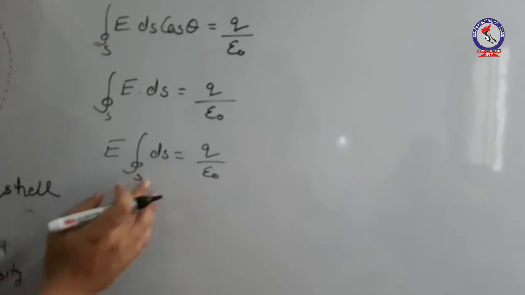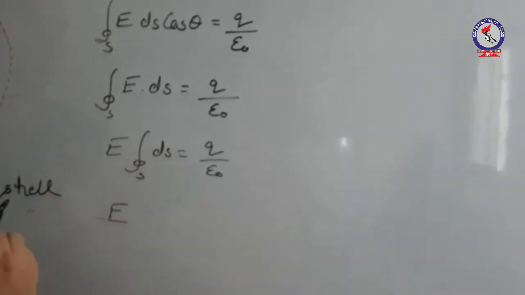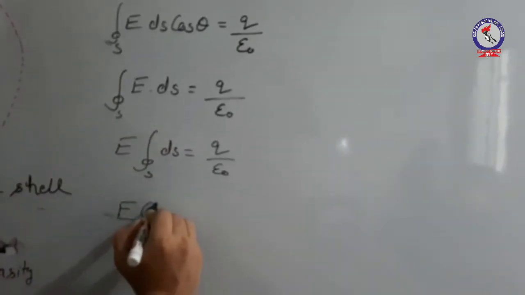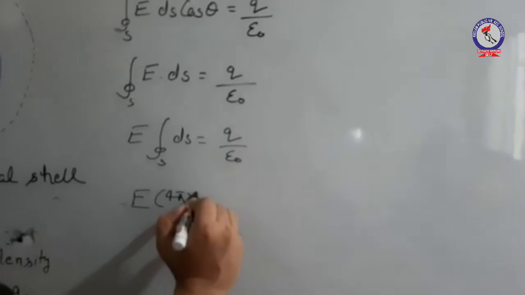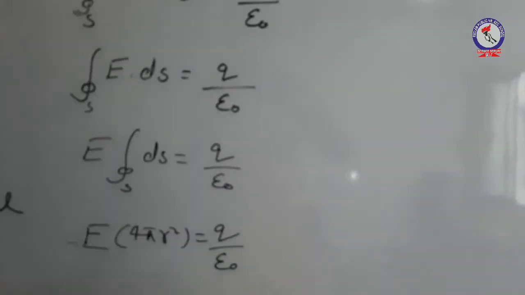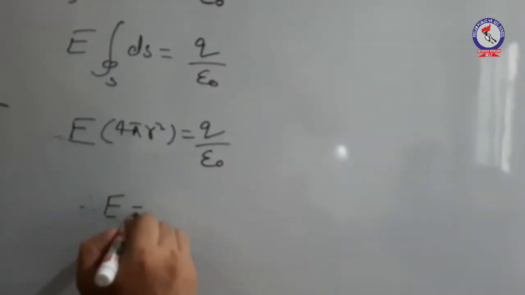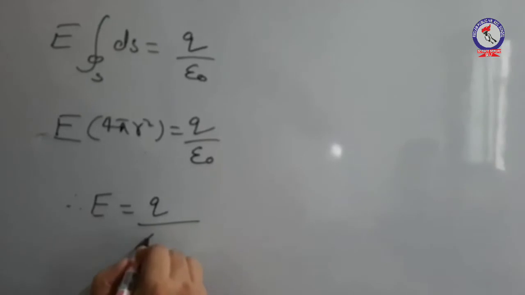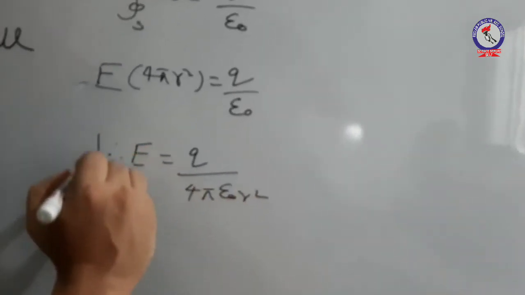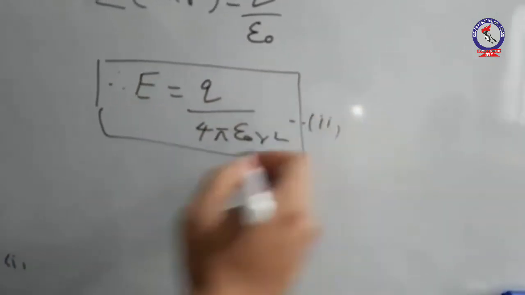The integral of this element ds represents the total surface area of this imaginary surface. Hence, E into 4 pi r square equals Q upon epsilon 0. Therefore, E equals Q upon 4 pi epsilon 0 r square. Let this be equation number 2.